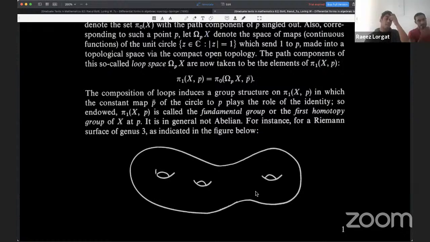Yeah. So you lay out the very basic notion of what pi0 is. Yes. Pi0 of x is like pi0 of anything is just the number of pieces. Yeah. Number of pieces. Right? And that's easy enough to imagine when you have some simple space, exactly. Right? Presumably finite dimensional. Now, when you have the space of maps from the circle into the space you had before.